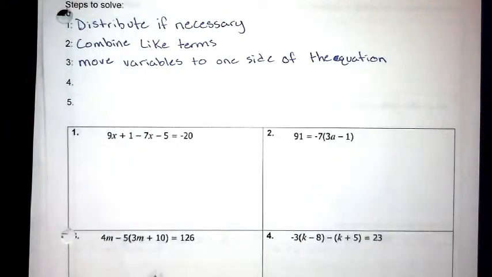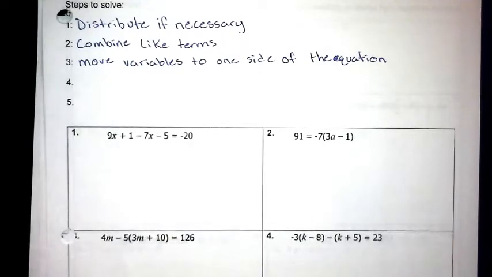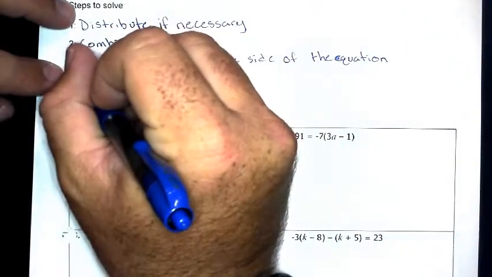Now, once we've distributed, once we've combined like terms, once we've gotten all our variables onto the same side of the equation, 4 and 5 are what we've been doing over the last 2 days. First one, add or subtract your constant.